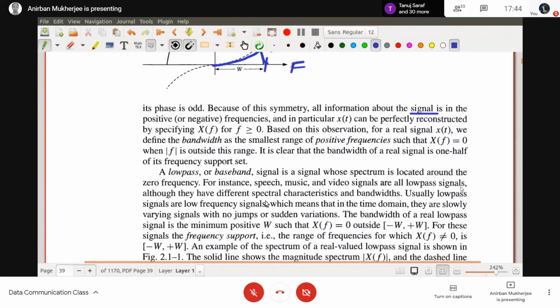They have different spectral characteristics and bandwidth, but they are basically low pass. Usually low pass signals have low frequency content, which means in the time domain they are slowly varying signals, with no jumps, no sudden variations.